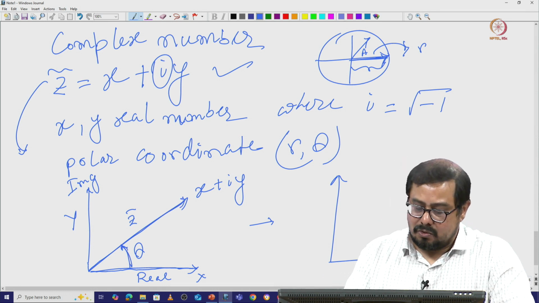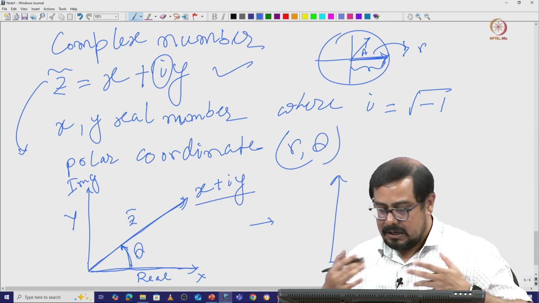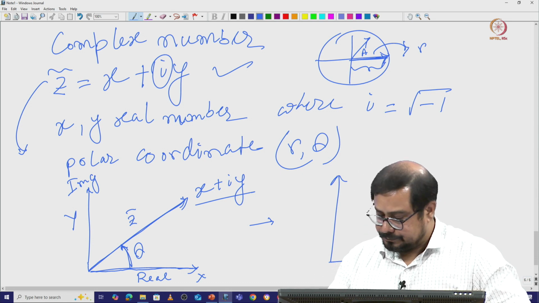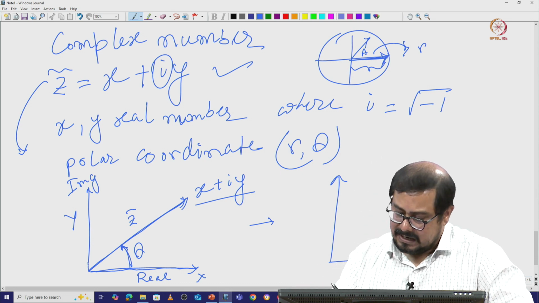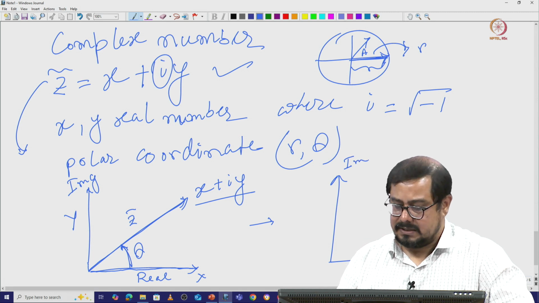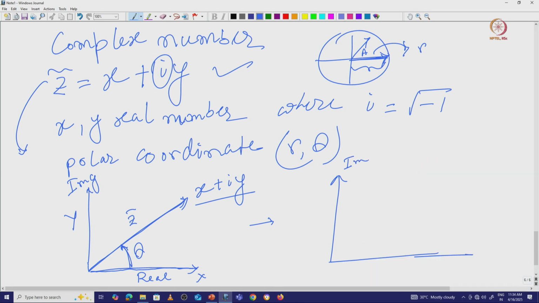Now we want to replace this x and y using polar coordinates. In this case again this will be our imaginary coordinate and this will be our real, and this vector, as I mentioned, is the amplitude, which we are representing as r.